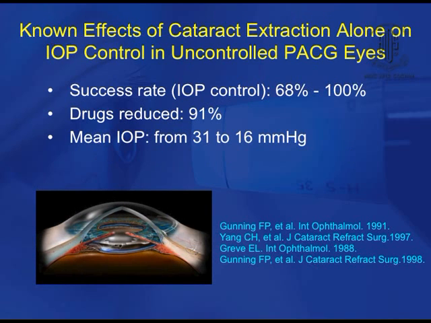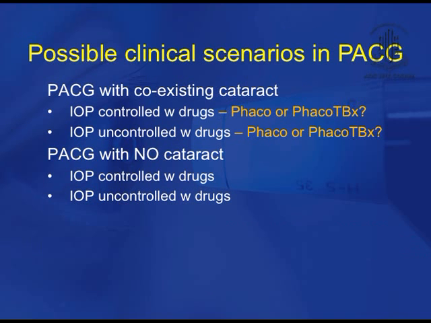Furthermore, some case series has also demonstrated that by removing the cataract, you reduce intraocular pressure as well. So in the group of cases with coexisting cataract, traditionally the treatment is to perform combined phacotrabeculectomy, which deals with both diseases at the same time.